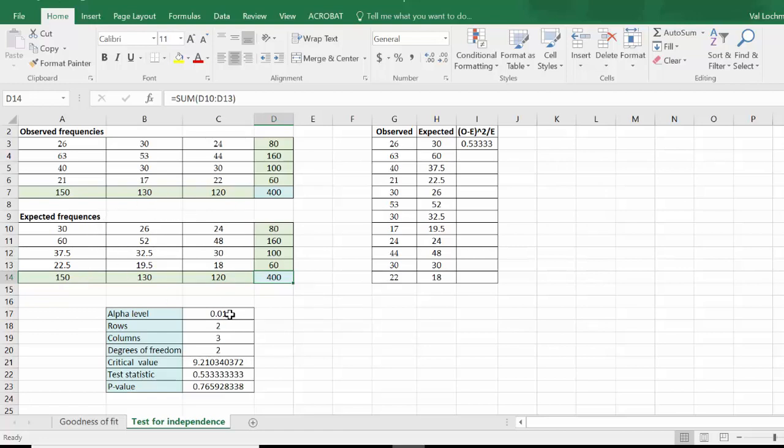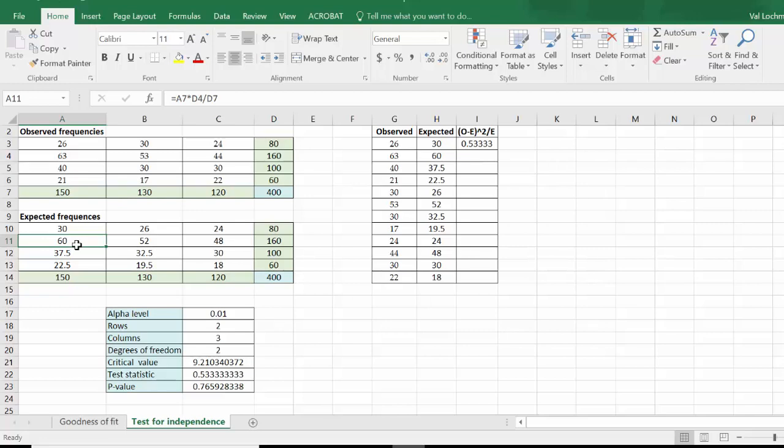Okay, so now let's go ahead and just do some investigation, just observing these values. Let's see what's going on here. Well, for this category right here, observed frequency is 63. Expected is 60. So we have 3 more people in that cell for observed category, right? But is that significant enough?